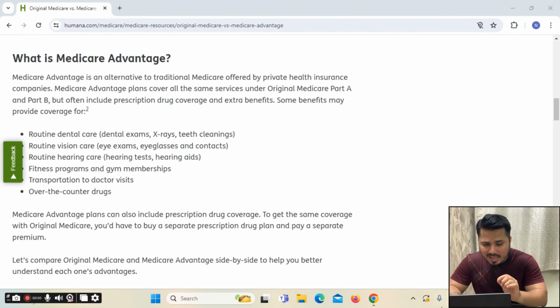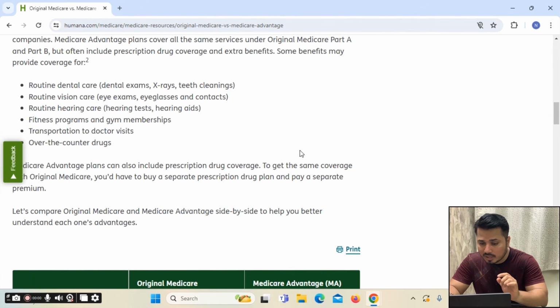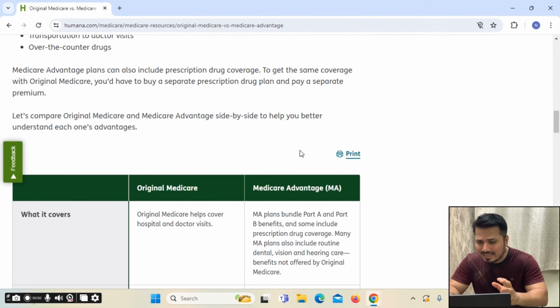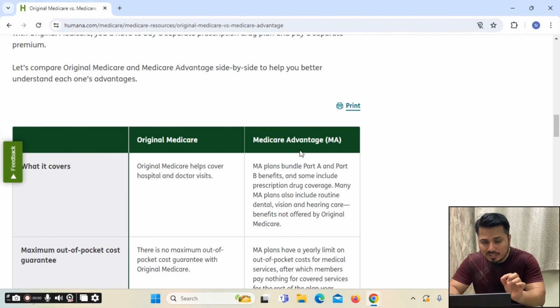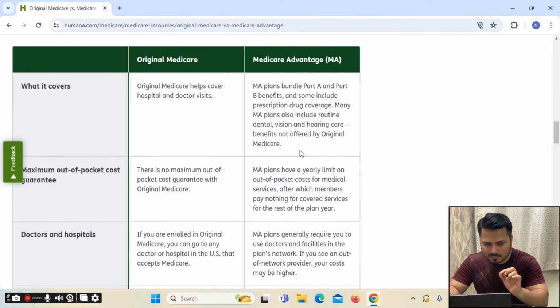Now, Medicare Advantage plans can also include prescription drug coverage. To get the same coverage with original Medicare, you would have to buy a separate prescription drug plan and pay a separate premium, guys. Now let's compare original Medicare and Medicare Advantage side by side to help you better understand each one's advantage. All right.